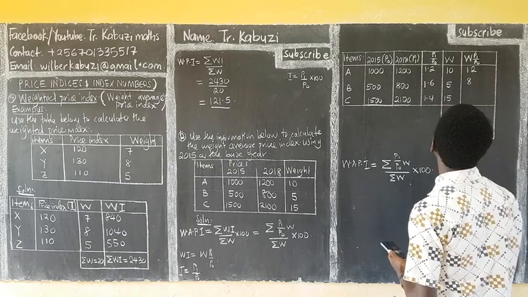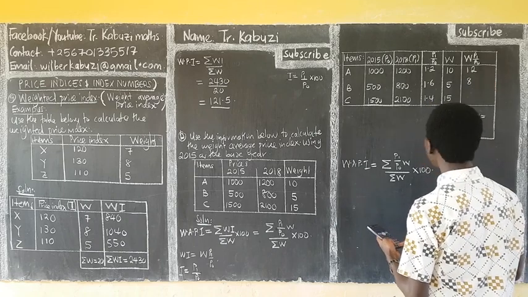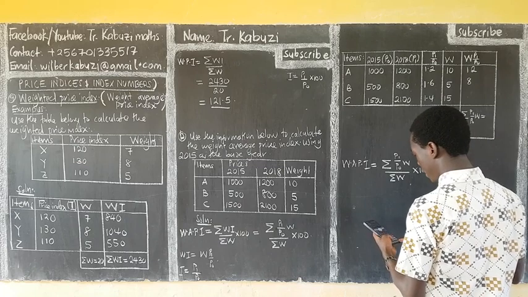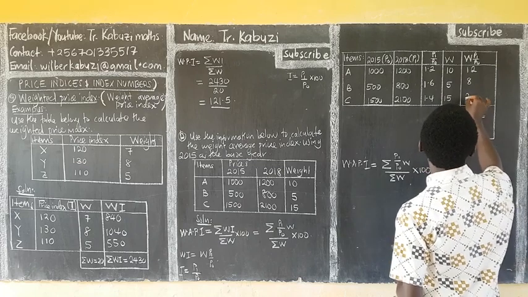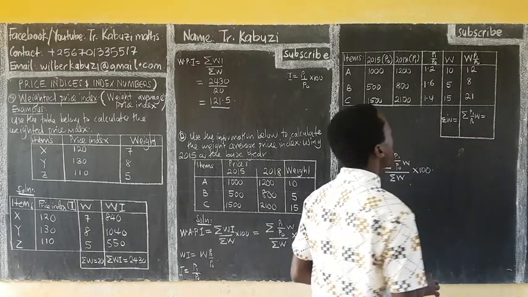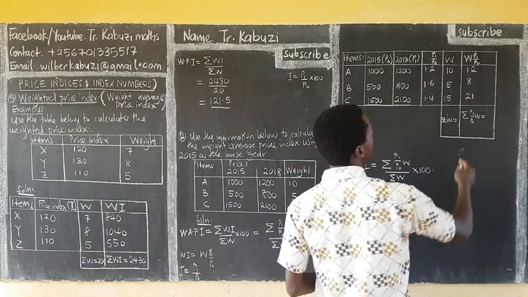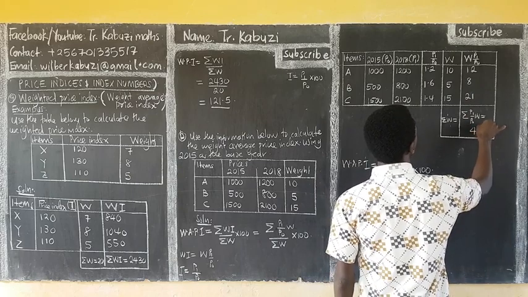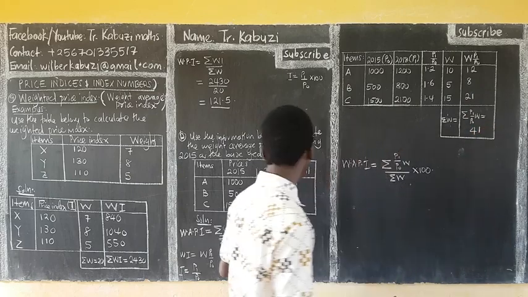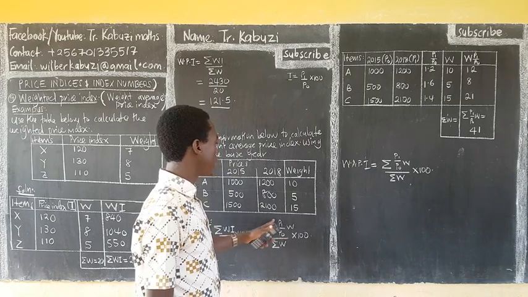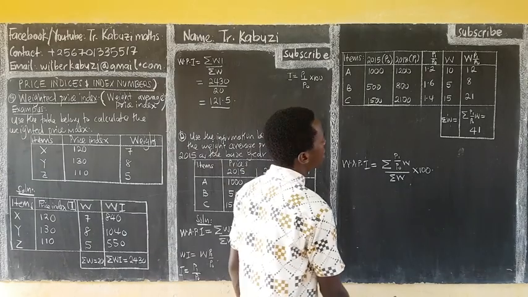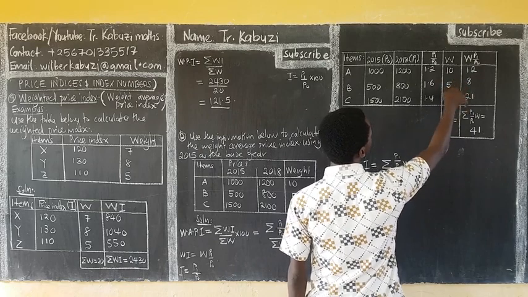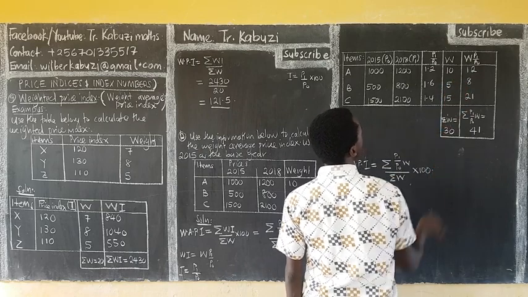Then 1.4 times 15, the answer I get here is 21. Now when I add them, 20 plus 21 will give me 41, because I need the sum of the whole of this. Then I also need the sum of the weights. When I add these, 15 plus 15, I'll get 30.